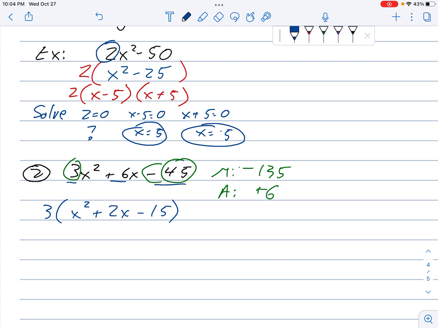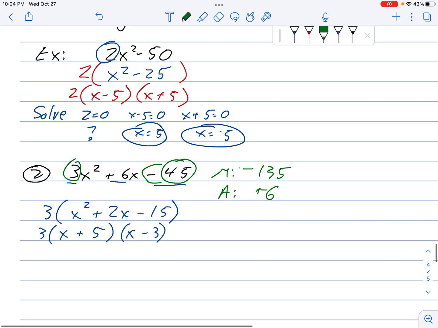If I take out the 3 from each of the 3 terms, I can essentially take out a GCF like we have been doing. The 3 stays out in front, and this is a whole lot easier, because now I'm looking for, I kind of just gave you the answer there, 2 numbers that multiply to negative 15 and add to the 2, and I get 5 and negative 3.